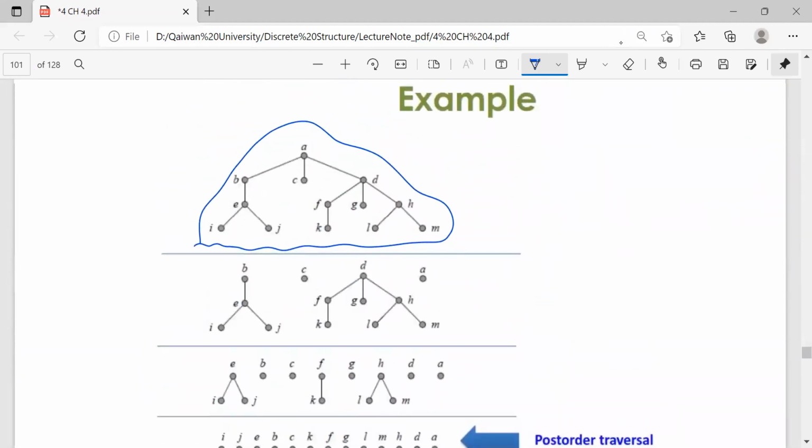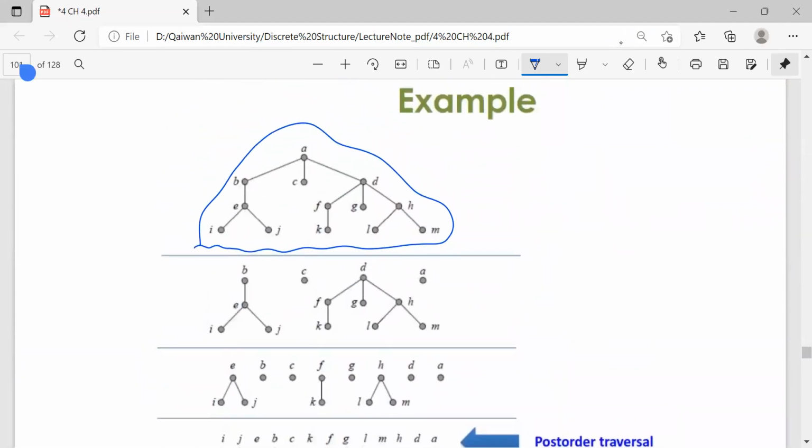Let's work on it. Here, this is the left subtree. Then we have this subtree also. We are going to write down all the subtrees from left to right.